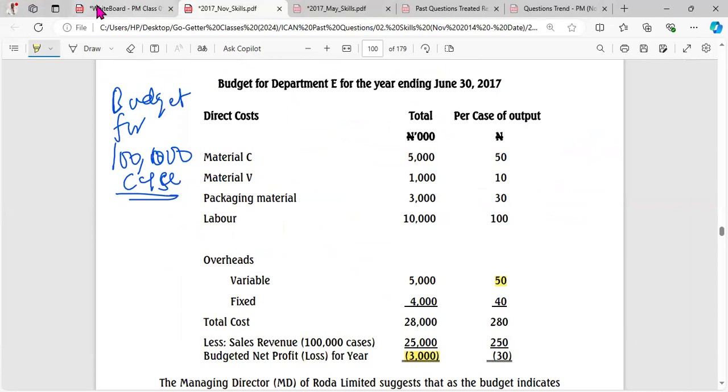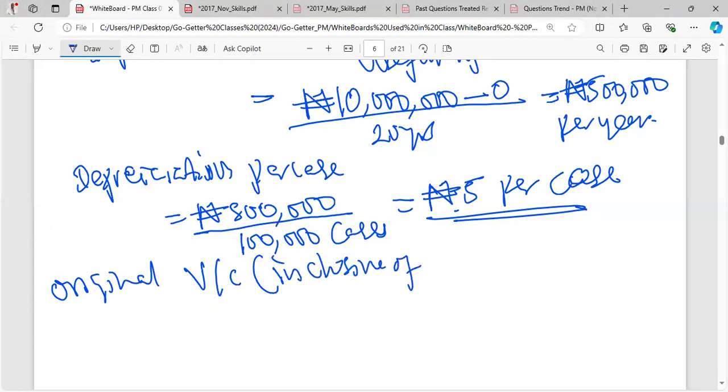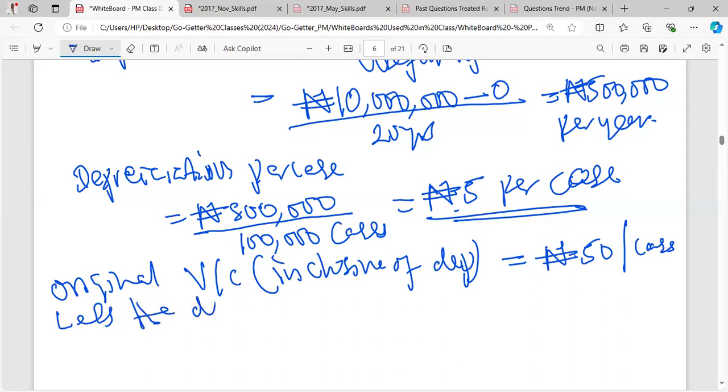We will now go and look at the variable cost here. The variable cost given is 50 naira per case, the original variable cost inclusive of depreciation. We now less the depreciation recovered, which is 5 naira.